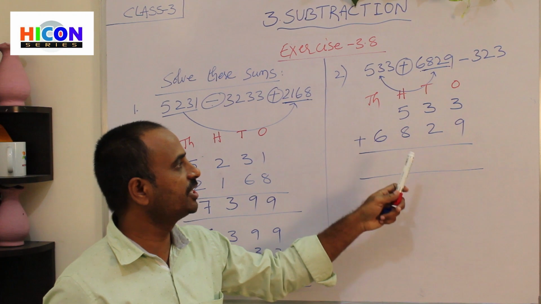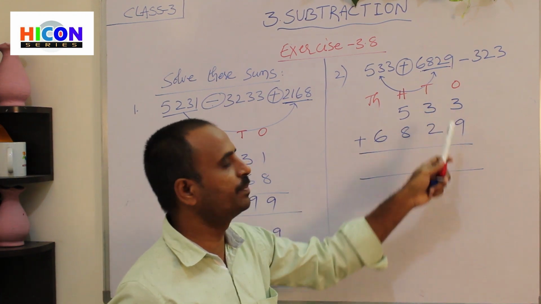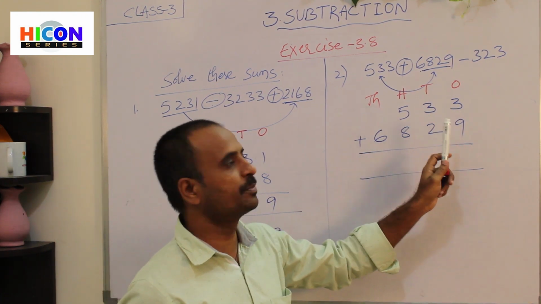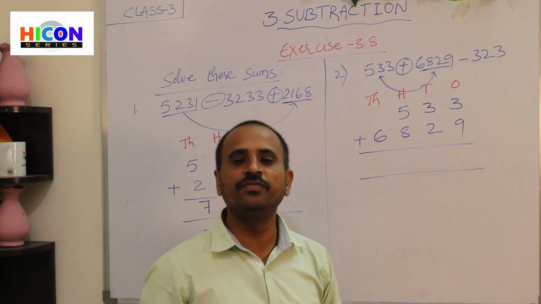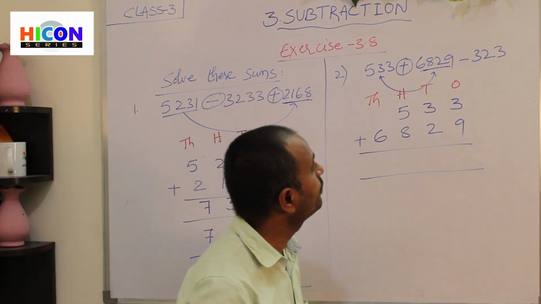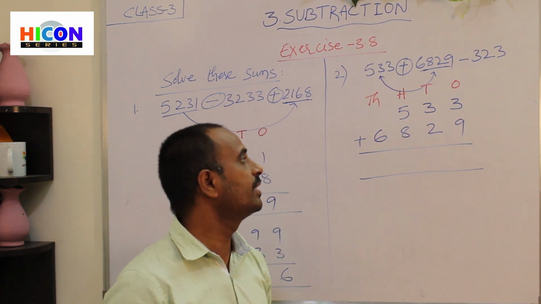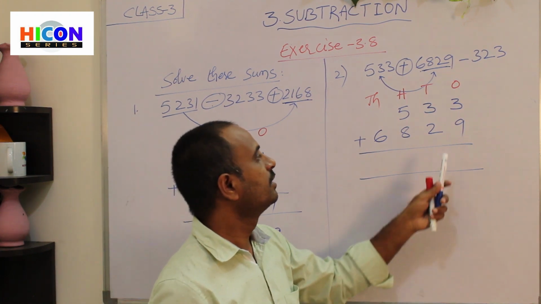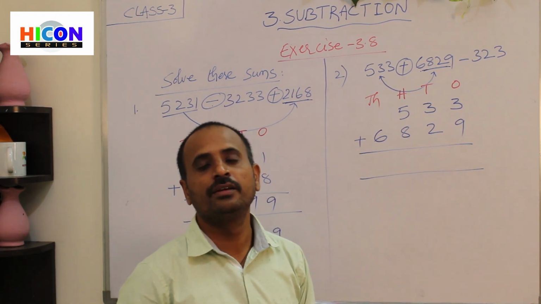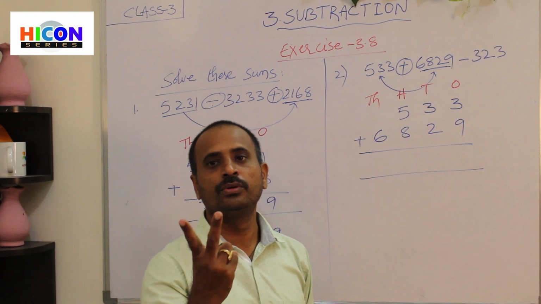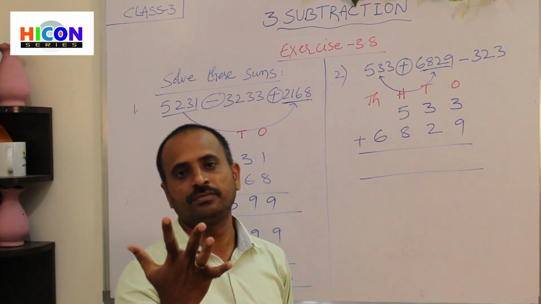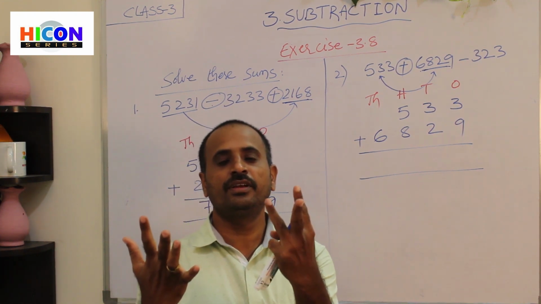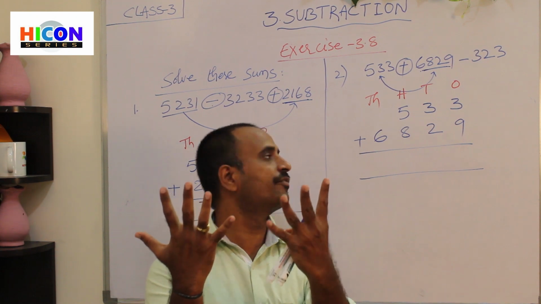Now do the addition. Let us start addition from ones place. What are the digits in ones place? 3 and 9 are present in ones place. What is the first number here? 3. What is the second number here? 9. So open 9 fingers of your hand. That is 1, 2, 3, 4, 5, and 6, 7, 8, 9. Children, these are the 9 fingers.